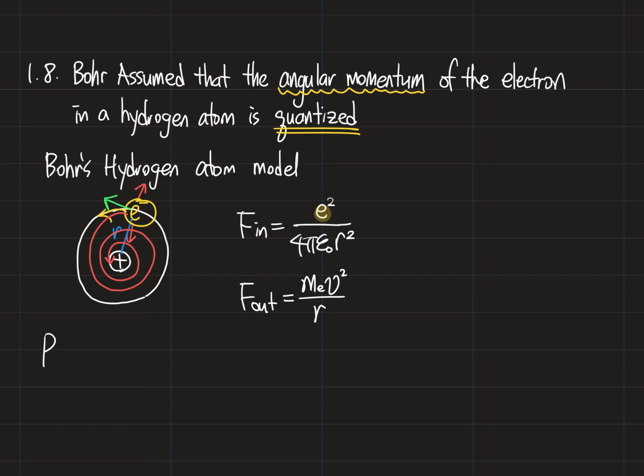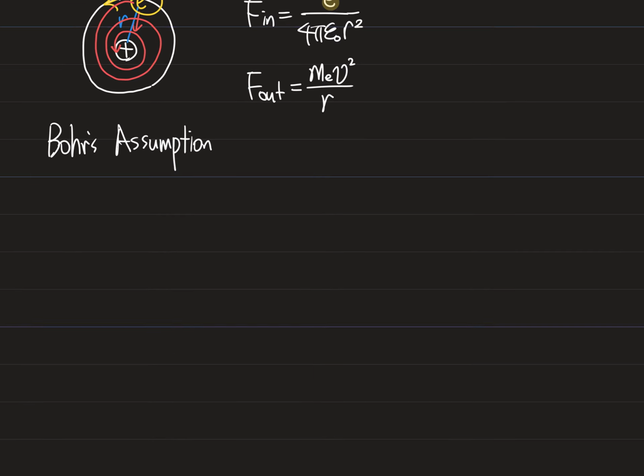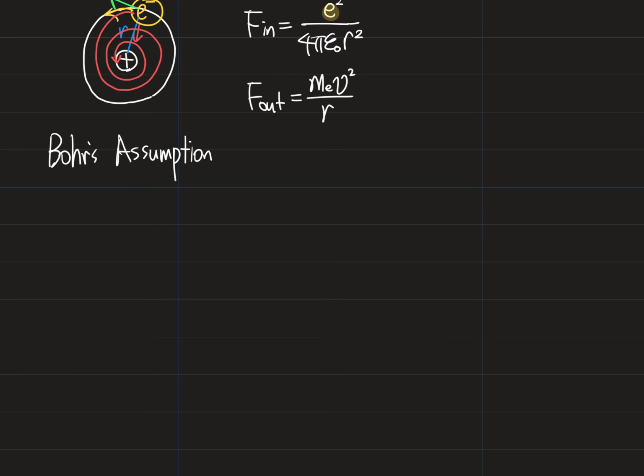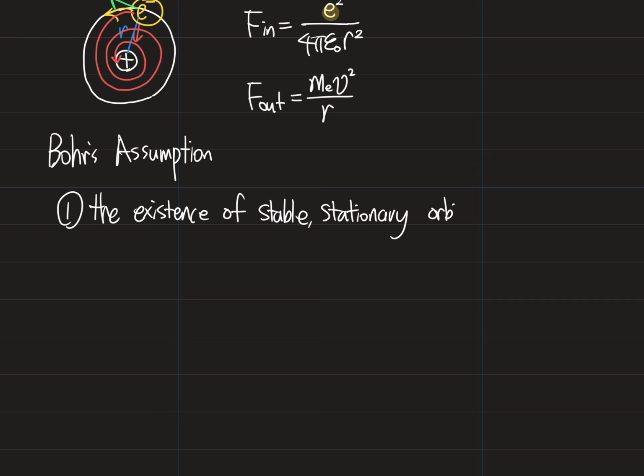So let's follow Bohr's assumptions. Absolutely, Bohr already knew this problem. To resolve this paradox, Bohr introduced two revolutionary assumptions. First, he proposed the existence of stable, stationary orbits where the electron does not radiate its energy.